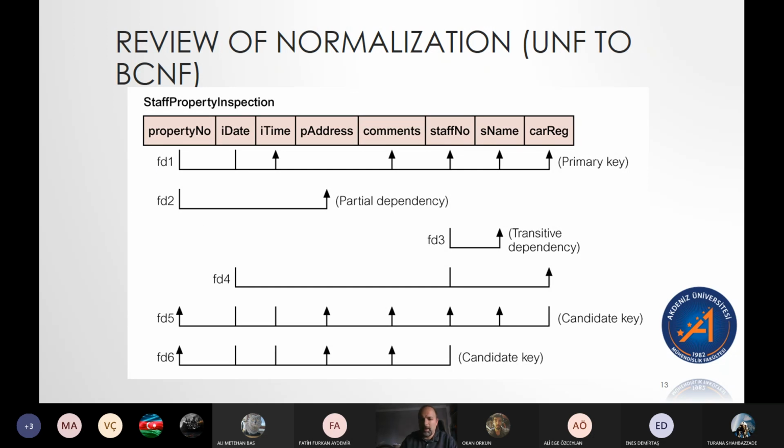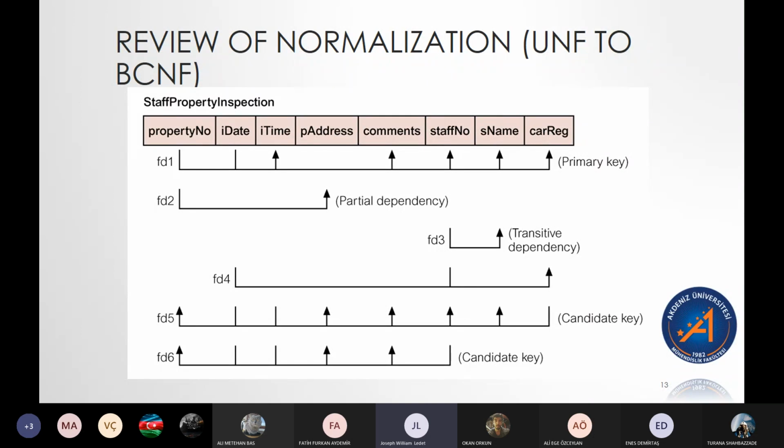So we have identified our functional dependencies. And so once we've done that, we can begin the process of normalization.